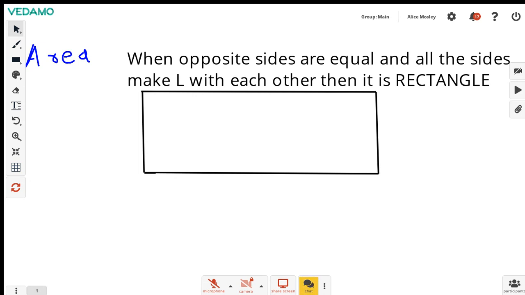So please see the definition. And you know what is L, right? Everyone knows what is L. So L means 90 degrees.